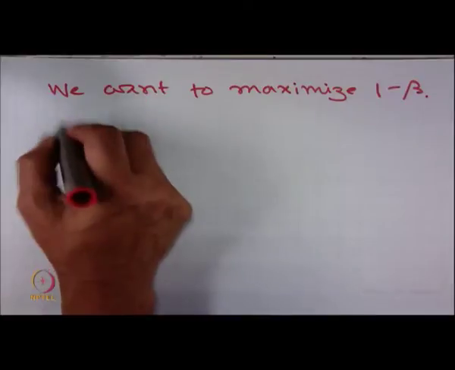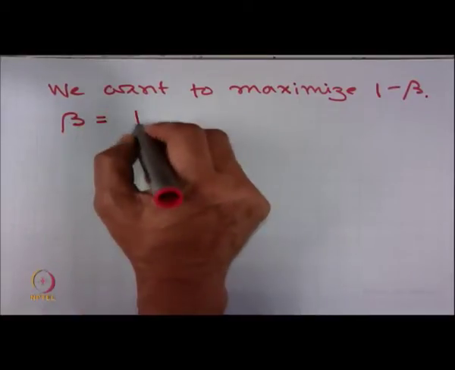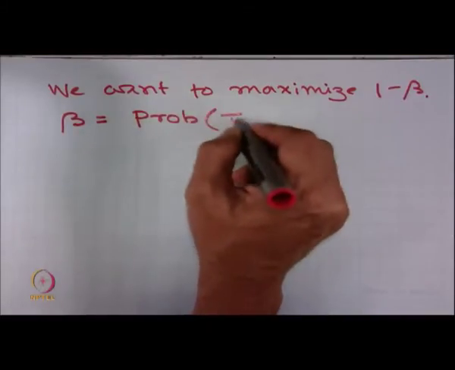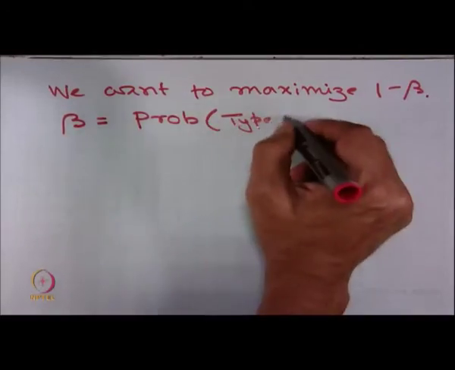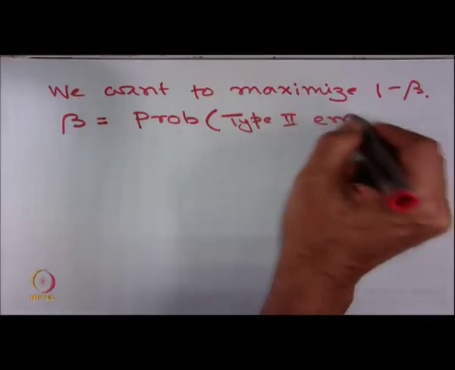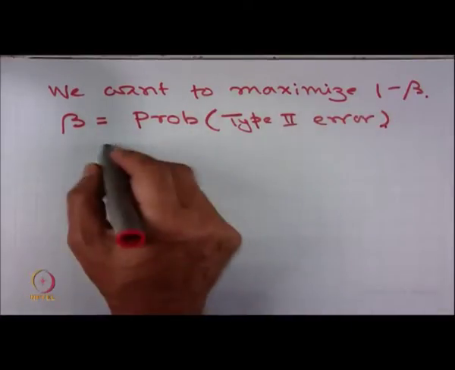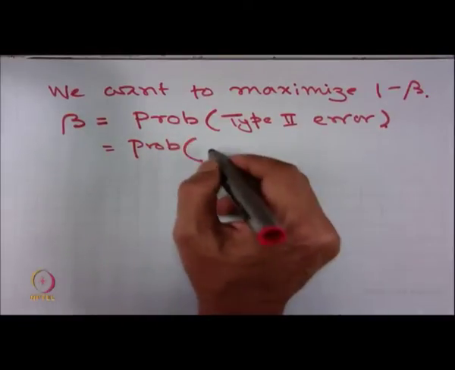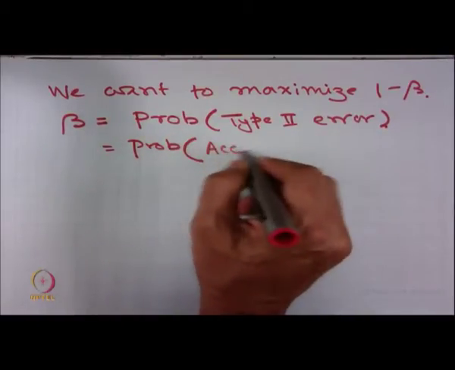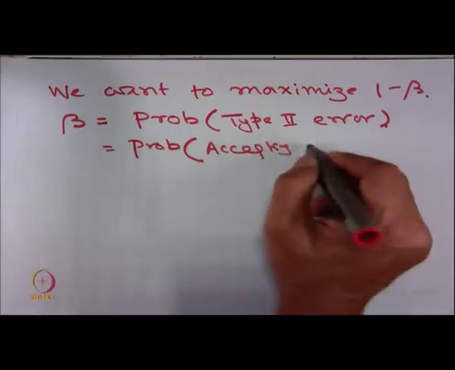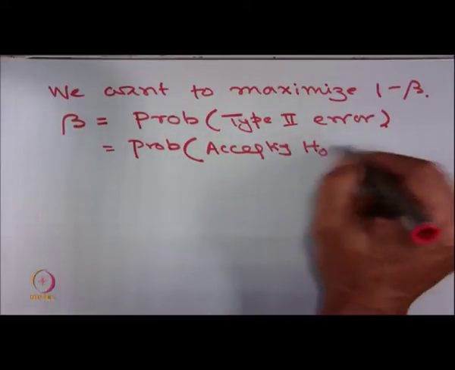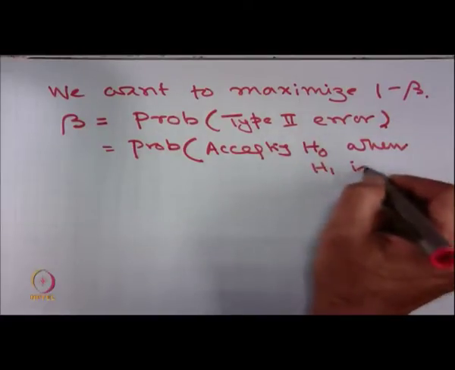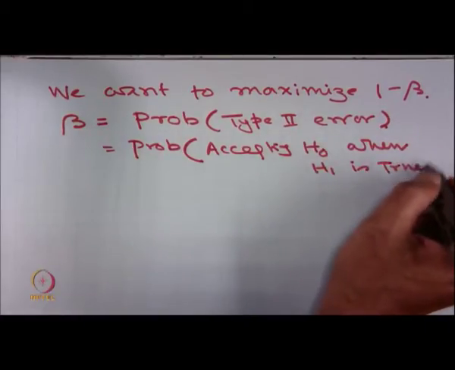What is beta? Beta is equal to the probability of type 2 error, which is equal to the probability of accepting H naught when H 1 is true.